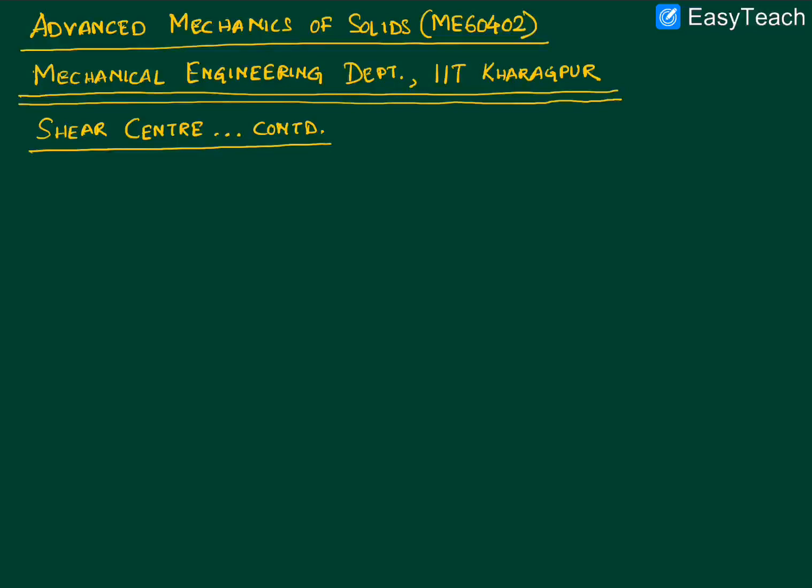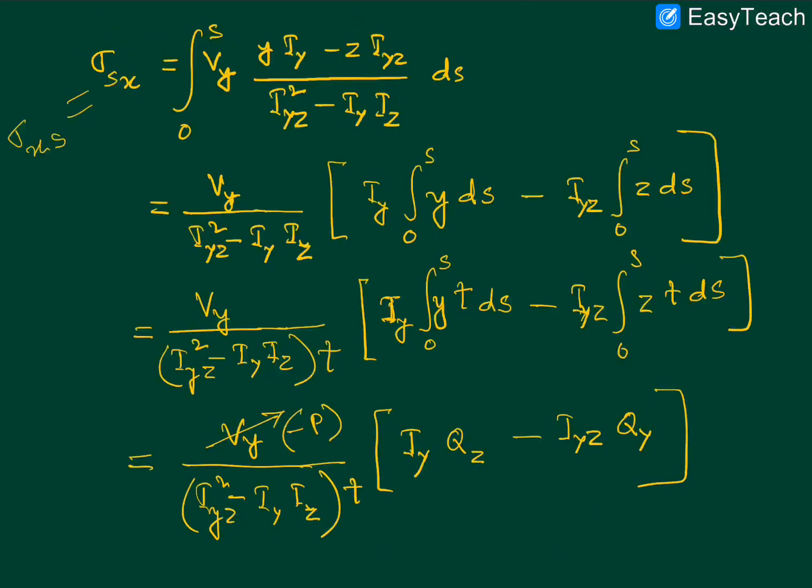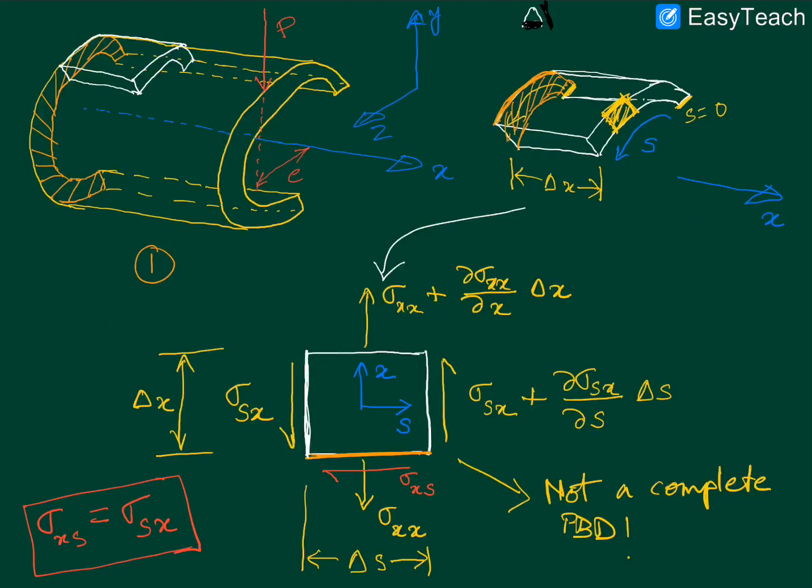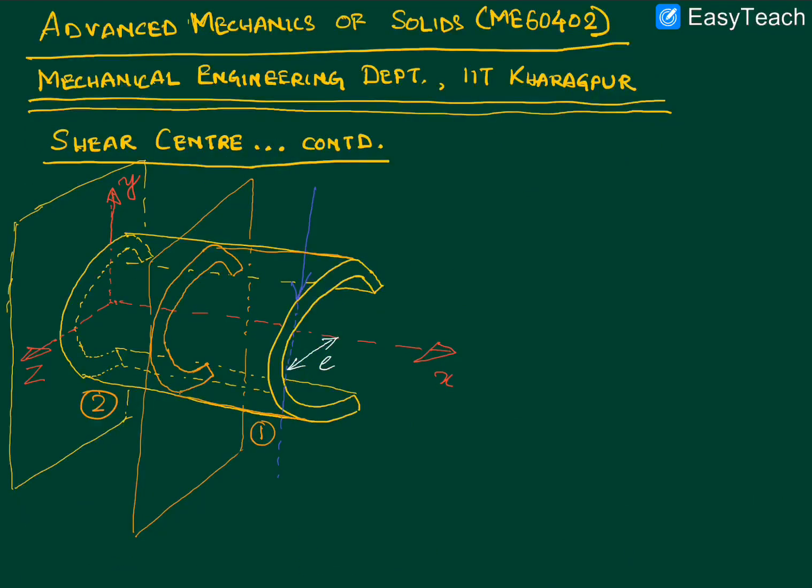So if we take a quick look back at the diagram that we had drawn earlier, this was the kind of structural member that we were looking at. In fact, this was our starting point.